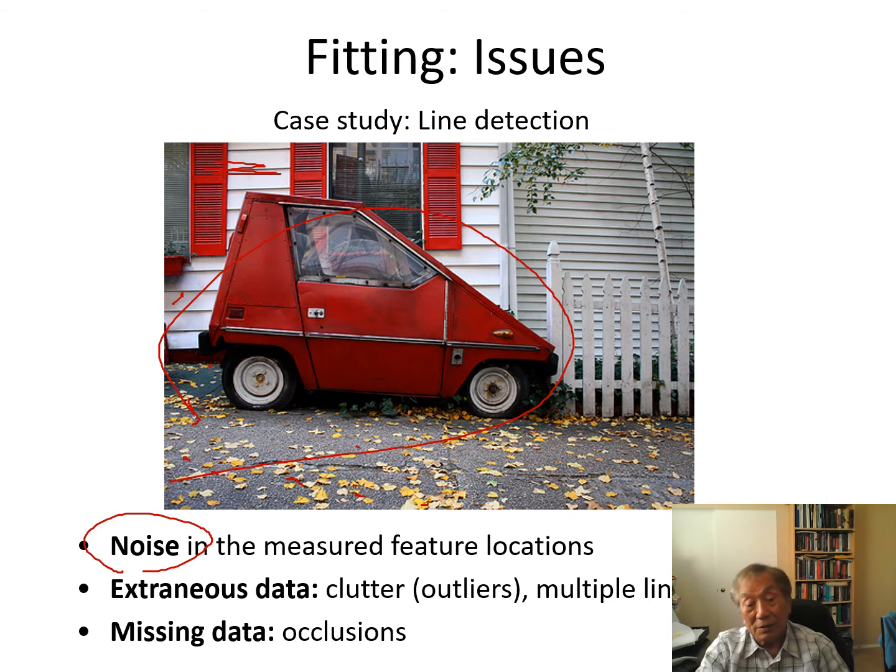This car is not just isolated, but part of another scene, and that background may confuse our identification. So it has different kinds of noise, so-called, and then there may be extra data. These lines and other lines make it more confusing. Which one is front? Which one is back? That's not easy.